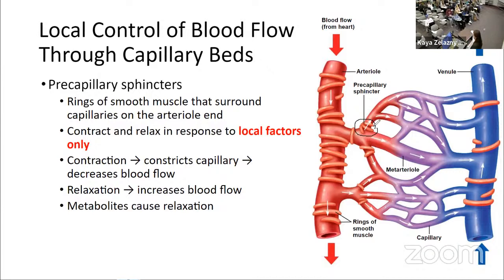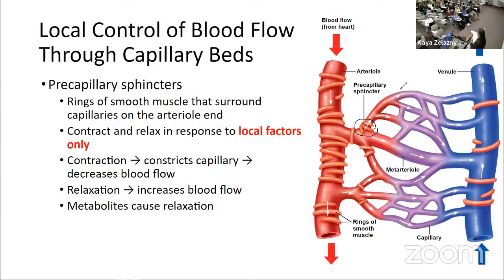It's on the arteriolar end, where blood would initially be coming into the capillary. If that contracts, shutting that door, we're going to cut off access to that capillary bed, which would stop flow through it. If it relaxes, opening up that passageway, that would increase flow through the capillary bed.